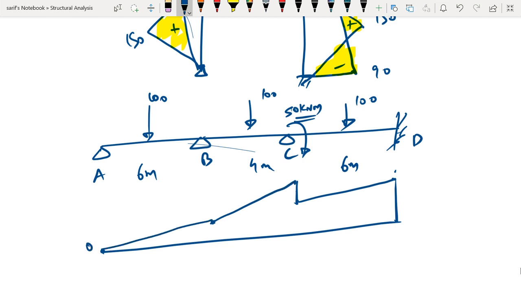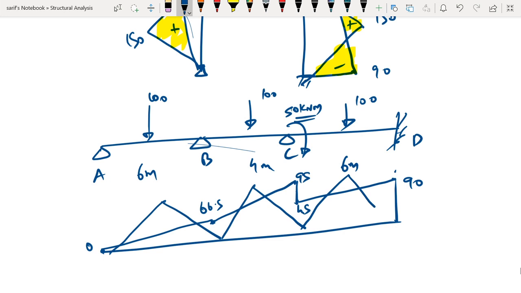So it is 0 here, 66.5, 95, 45, 90. This is 150 here, this is 100, this is 150, positive, negative, positive, negative, positive, negative.